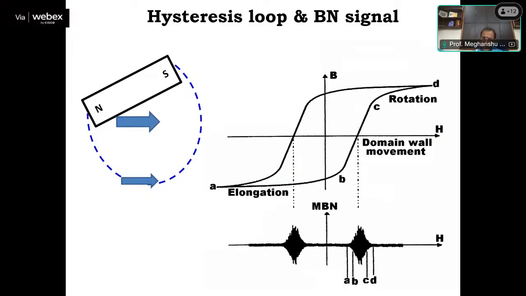It will rotate itself and stick to the permanent magnet, which is completed by this rotation. So the third stage is C to D, that is rotation, and this is completed like this.